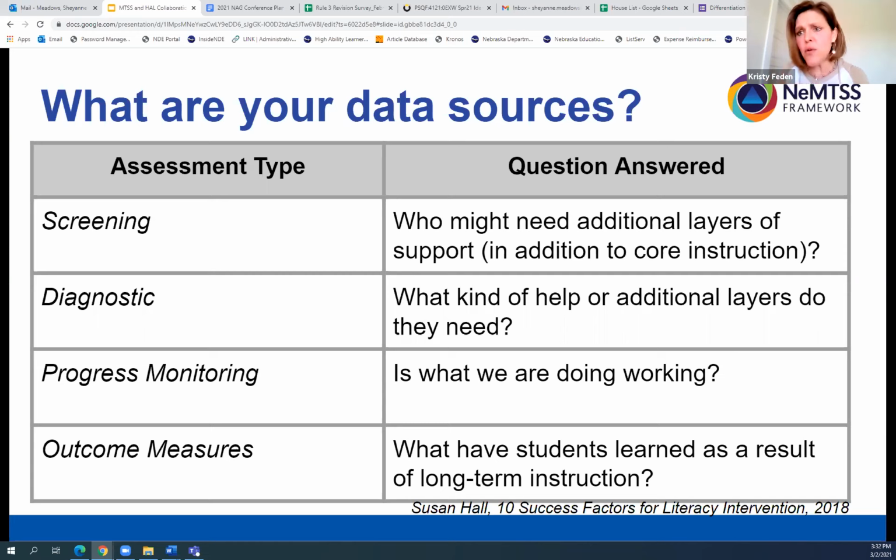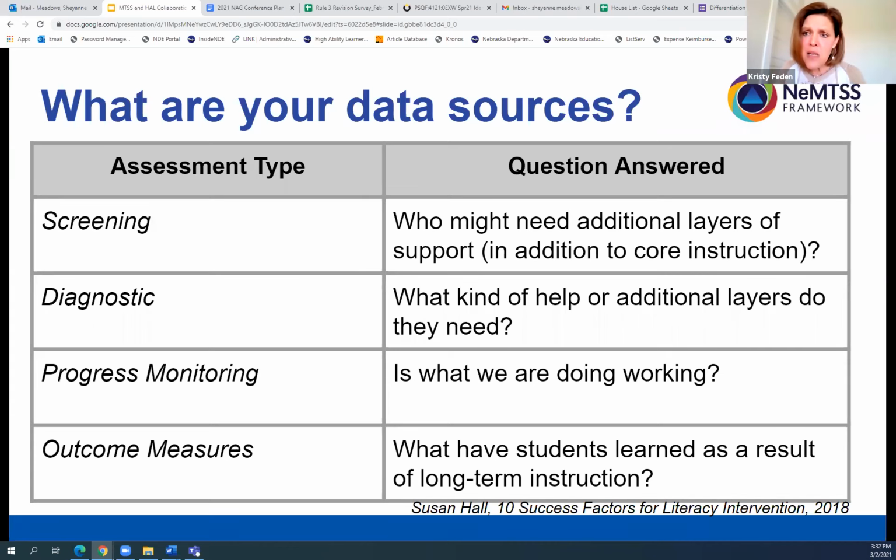So you have screeners, you have diagnostic tools to help you kind of hone in on specific skills. Progress monitoring is key, and it's a key element of that problem solving model that we just talked about. And then finally, we have outcome measures that are available. So this is a snapshot of kind of the key components of a balanced assessment system within a district.